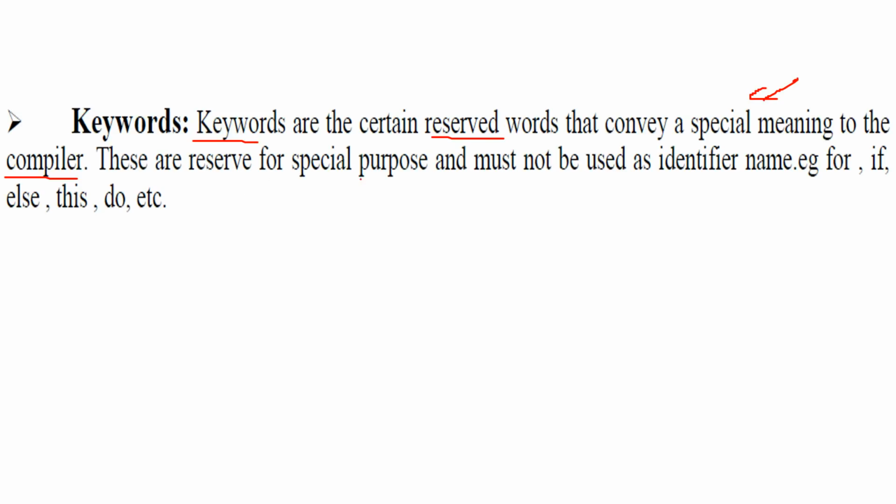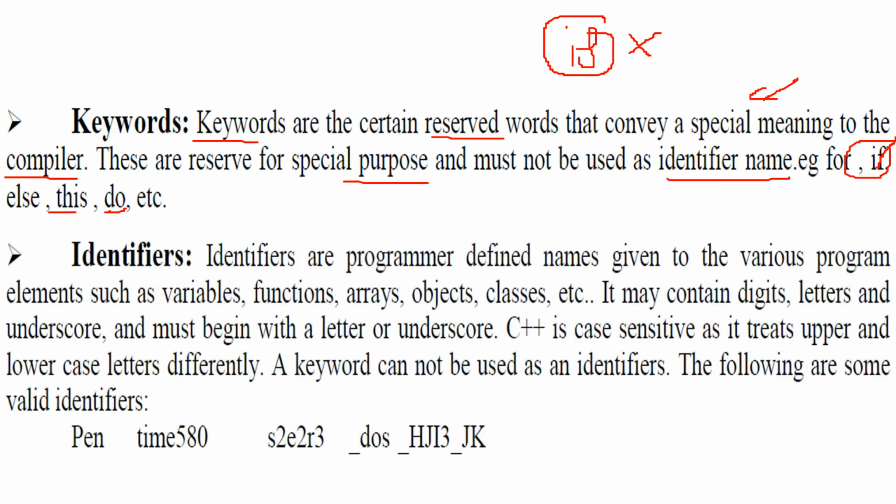So these are the reserved words for a special purpose, and they should not be used as an identifier name. For example, if. You can use if, right? But since if is a keyword, you cannot use it. You will be tempted to use keywords like this, do, but these are keywords.